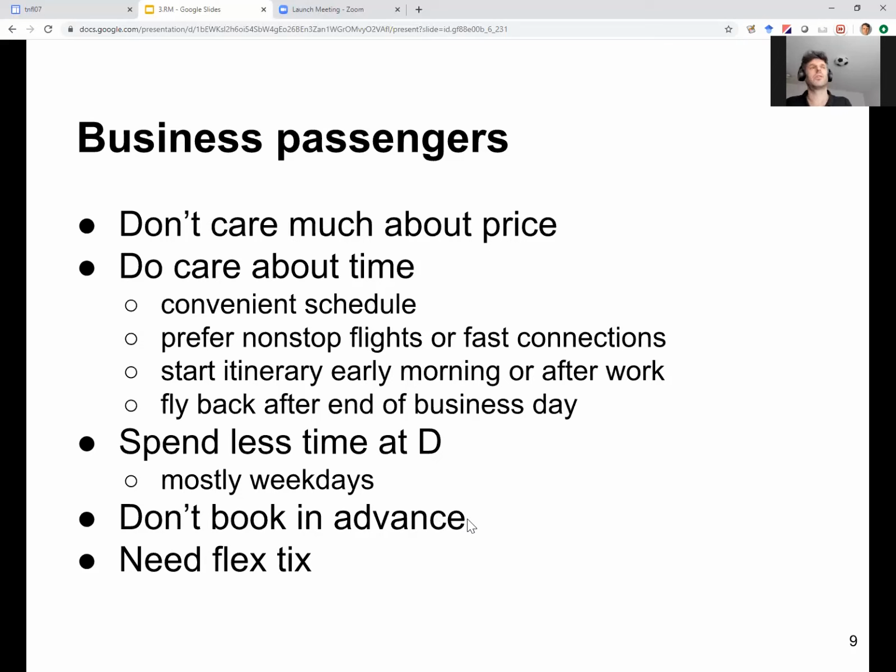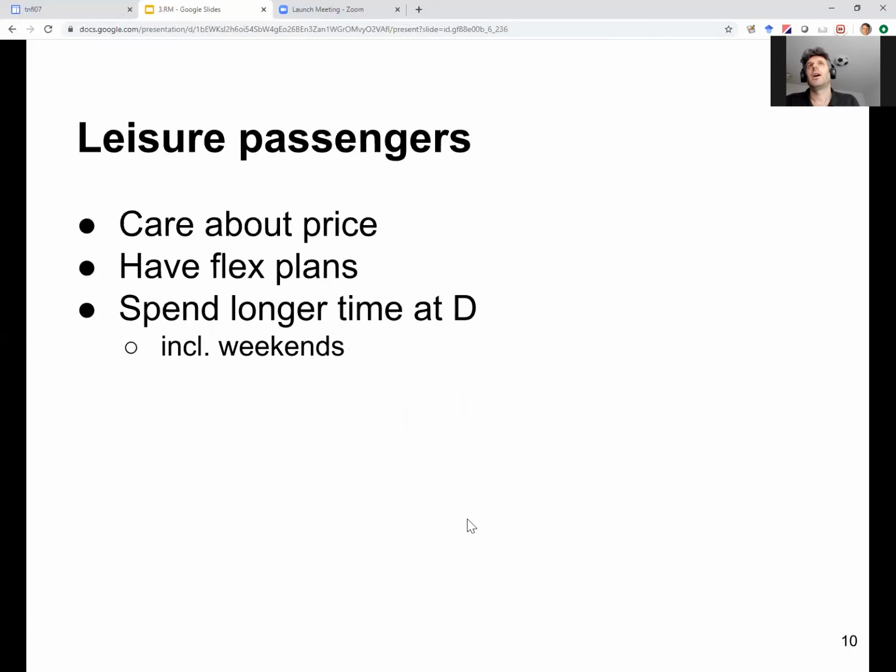Even for a scheduled meeting, you can decide last minute, or if you have to go repair something, you sometimes go as early as 1 day, booking a ticket 1 day in advance. The leisure passengers are opposite in this sense. They do care about pricing, and they want to book longer in advance. They plan their vacations, something more serious than just a 1 day business trip.